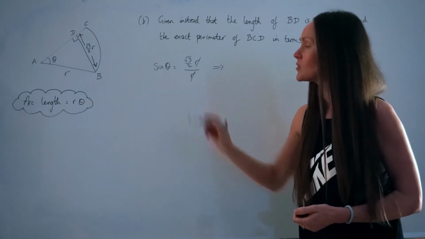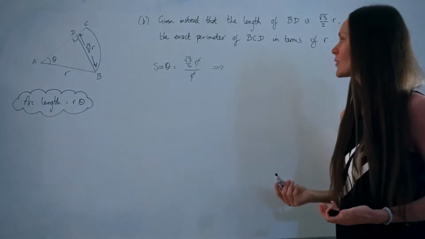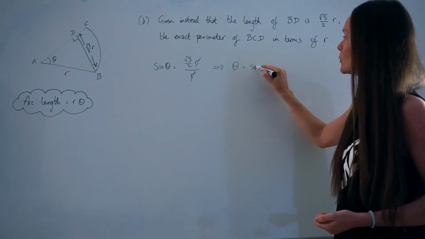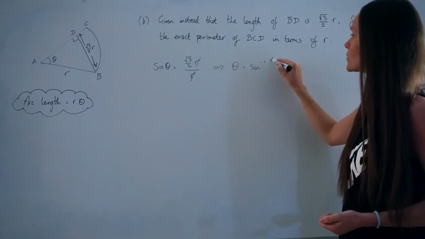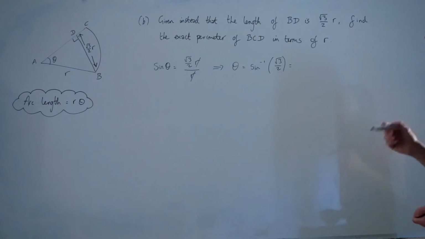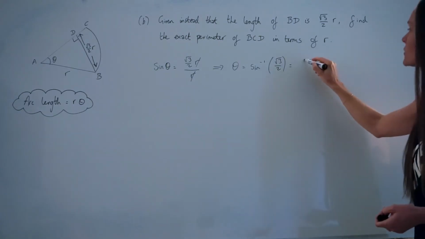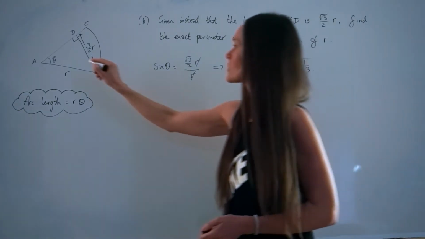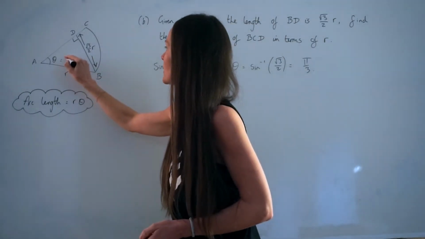From here, I can solve the equation for theta, okay? To work out the value of theta, the angle of the sector, you would put into your calculator sine minus 1 of root 3 over 2, and you should find that you get a third pi, okay? So that is the angle of the sector in radians. I'm just going to write that onto the diagram here.